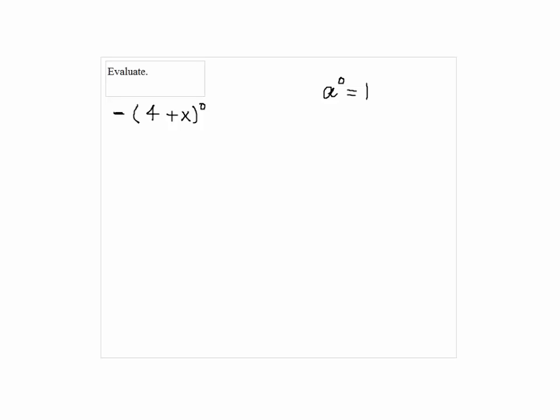Recall a to the power of 0 is equal to 1 as long as the exponent is 0, regardless of what we have for the base, the result would be equal to 1. So 4 plus x to the power of 0 would be equal to 1. Negative times 1 would be equal to minus 1.